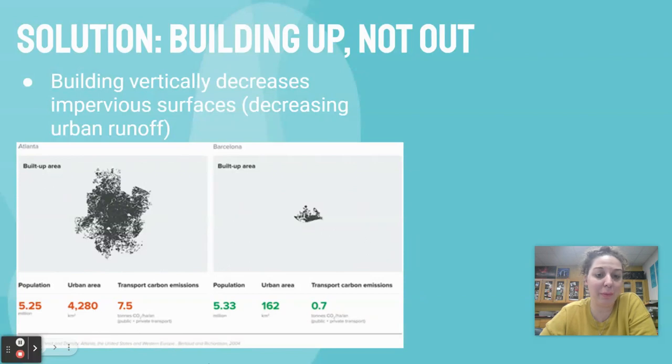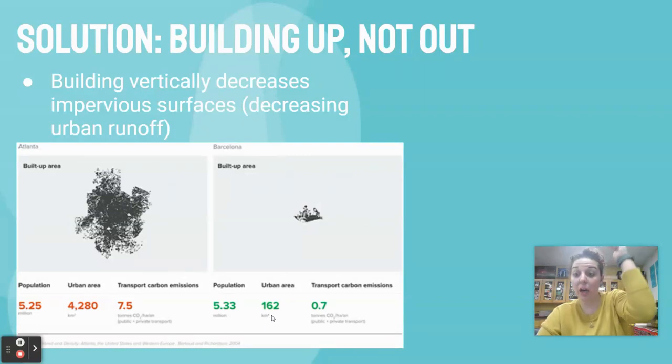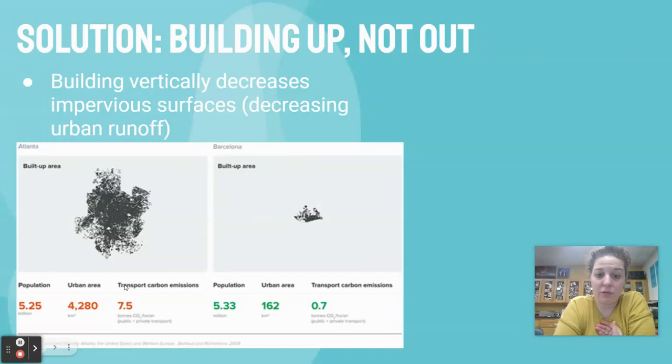But when you look at the urban area, there's over 4,000 square kilometers of urban area in Atlanta, but only 162 square kilometers in Barcelona because they have grown up extremely well. And then one of the most interesting things to look at here is the carbon emissions from transportation.